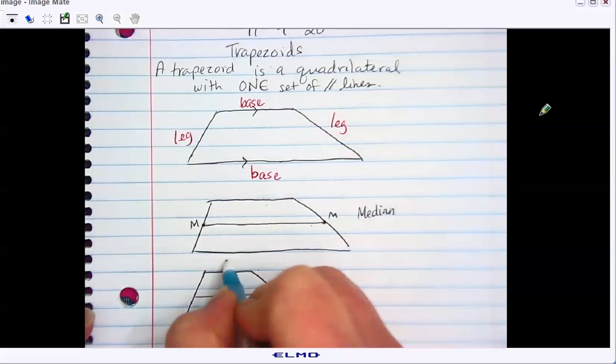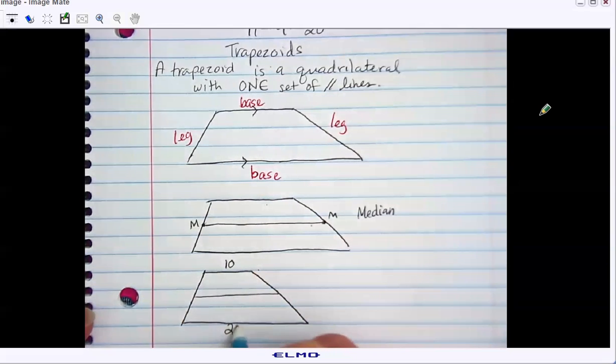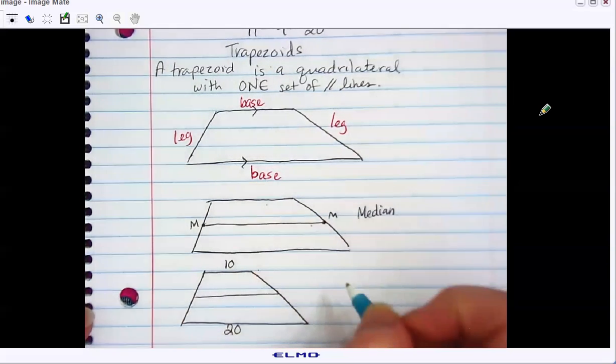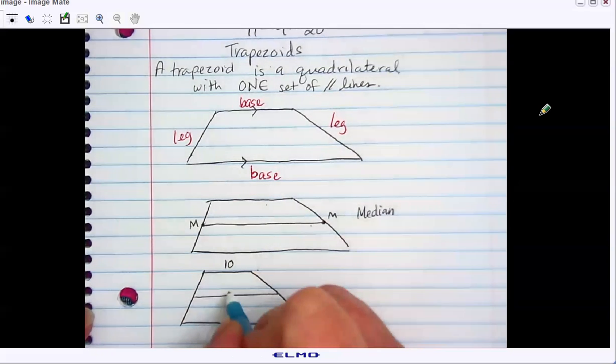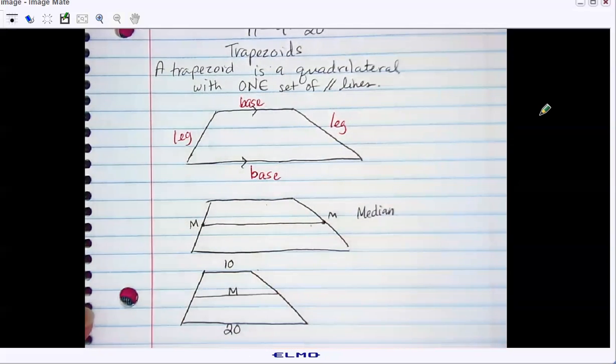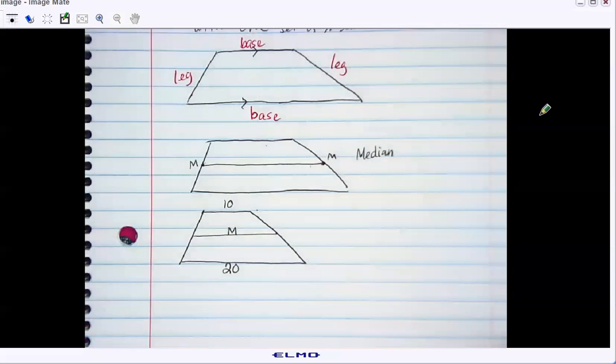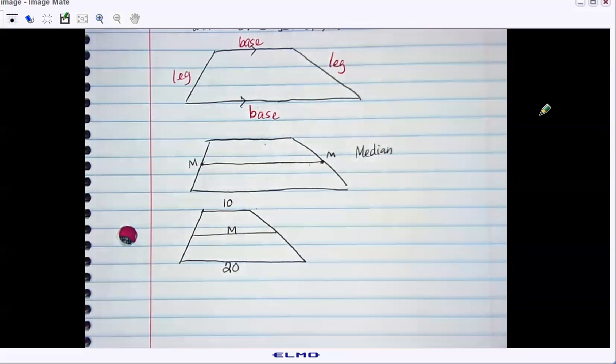So if I tell you that the top base is 10 and the bottom base is 20, do you have a guess as to what your median would be? You can say it out loud, or you can put it in the chat box. Guesses are always good.